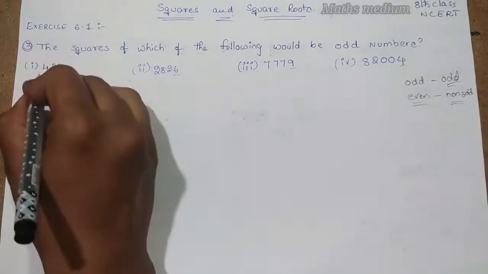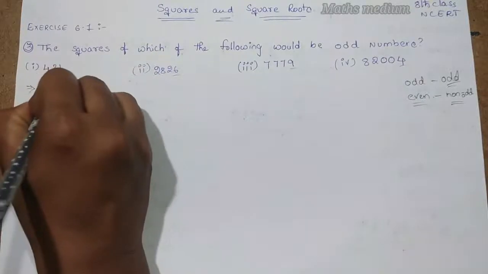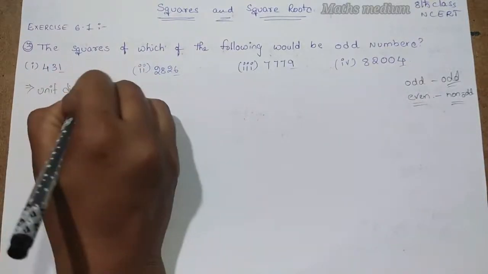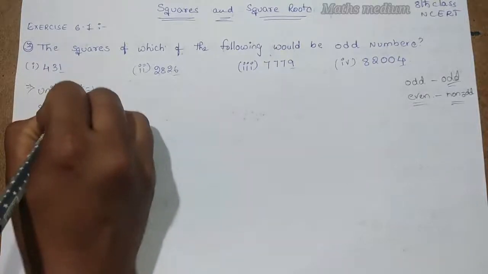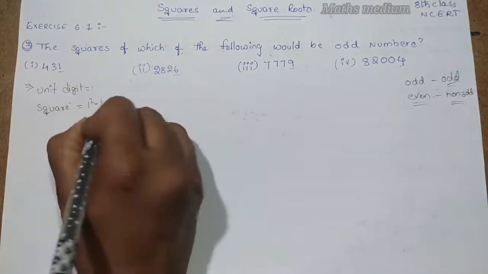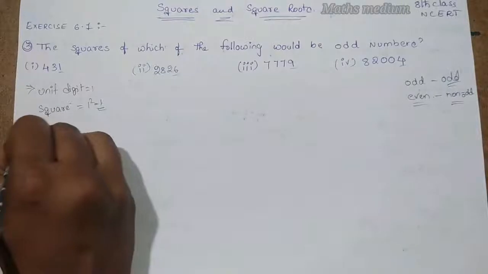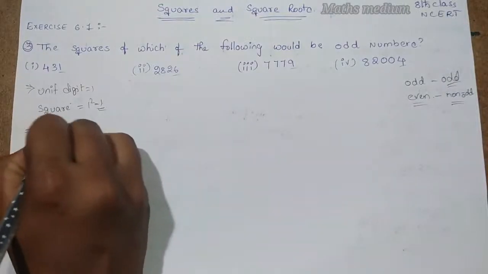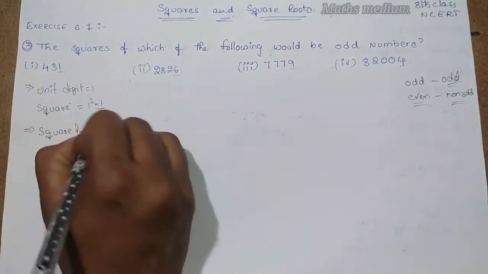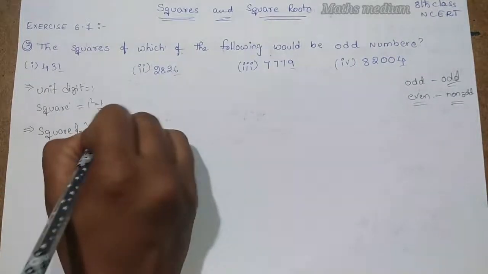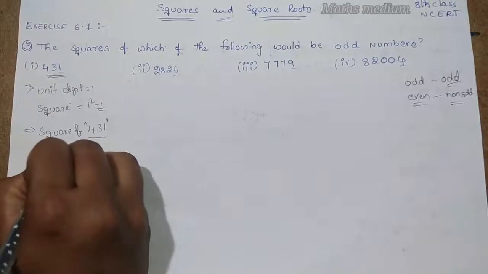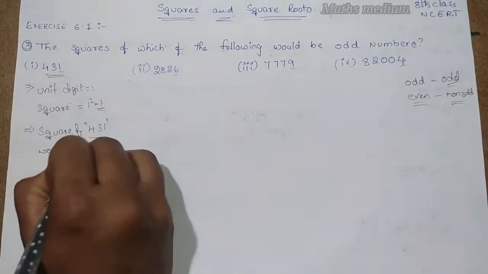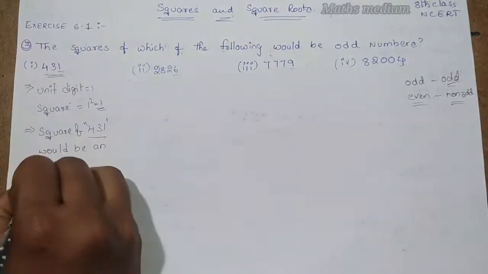Let's take here. Unit digit is 1. Make it as square. We get 1 square is equal to 1. 1 is odd, right? So, square of 431, it means the given number, would be an odd number.